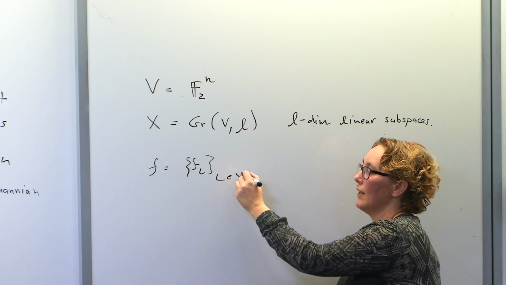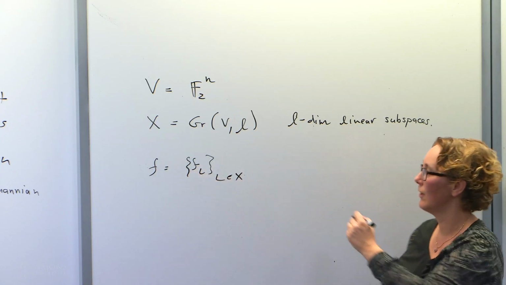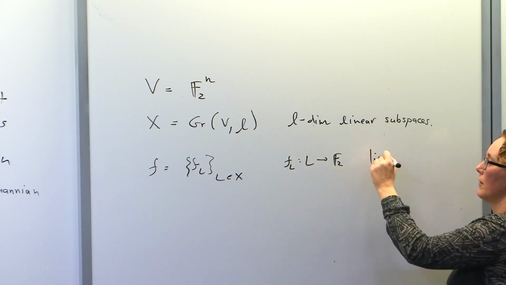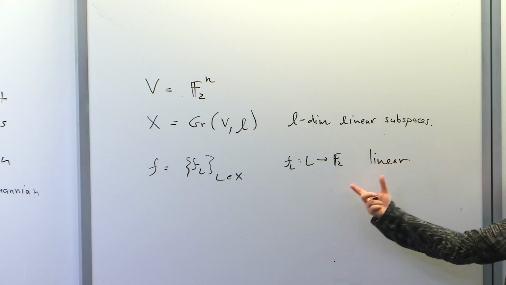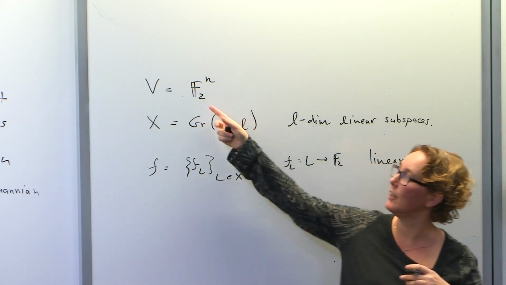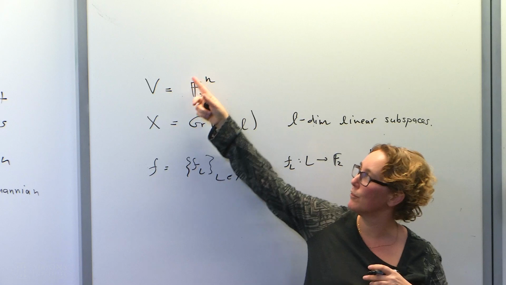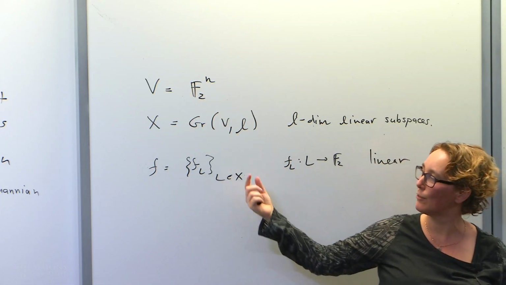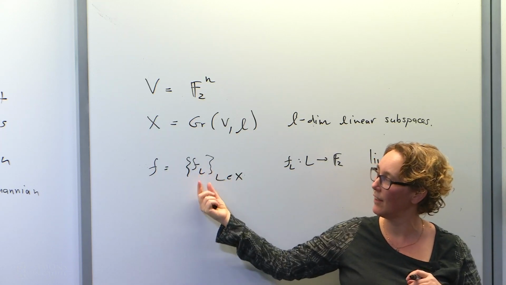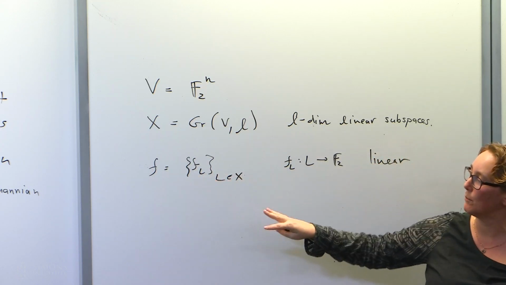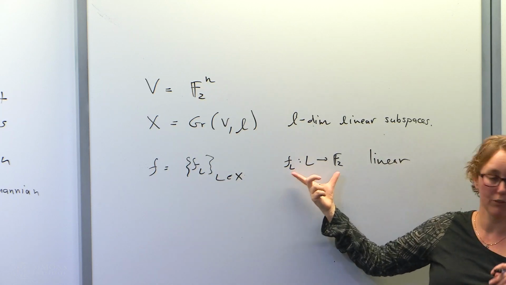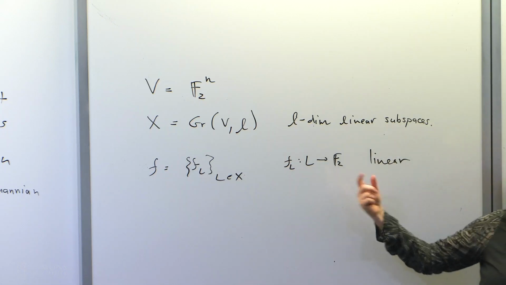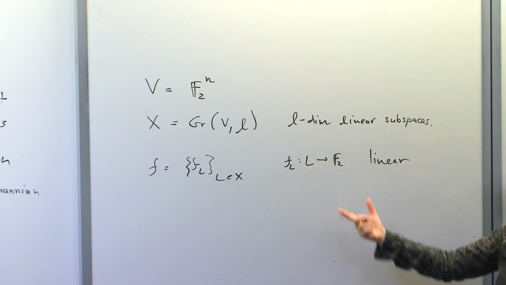For every L in X, I have a local function which is required to be linear. What we really think about is that there was a linear function over the entire vector space, but it got disintegrated and broken into pieces. For every linear subspace there is a piece, and what we get is this local assignment: on every linear subspace, we get a linear function. Supposedly, all these linear functions come from one global linear function, but we need to check that this is true.